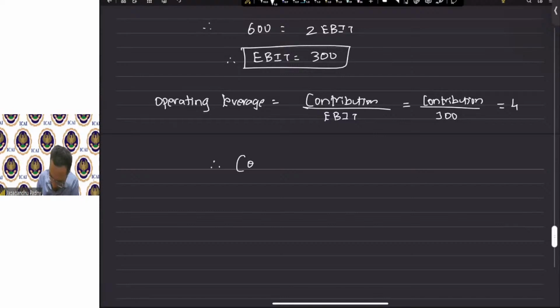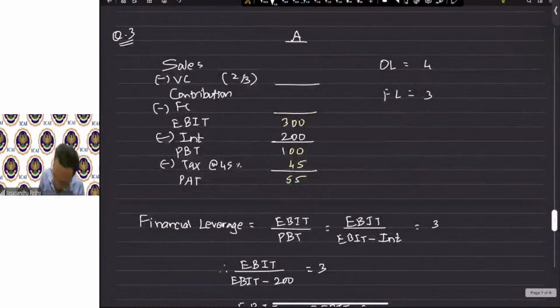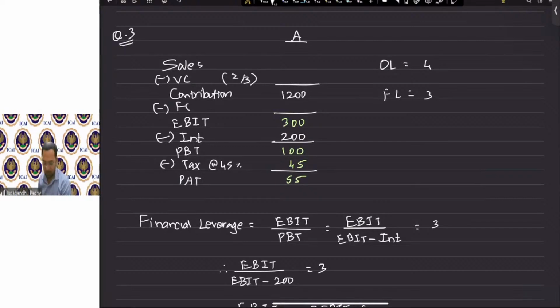So therefore our contribution number will be 300 into 4, which is 1200. Okay, so contribution is 1200. Now, since the contribution is 1200 and EBIT is 300, as a difference, fixed cost is 900.